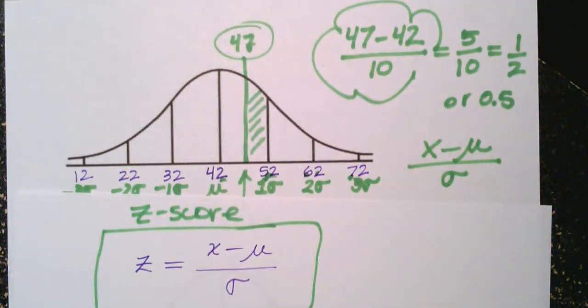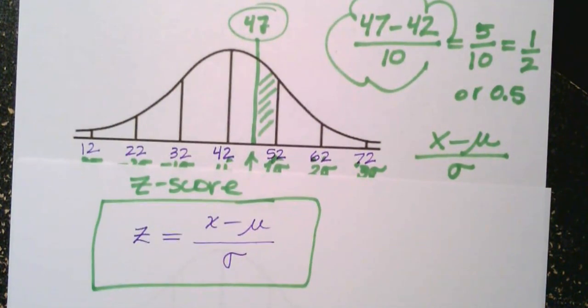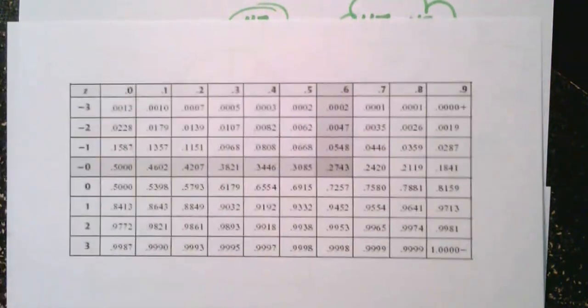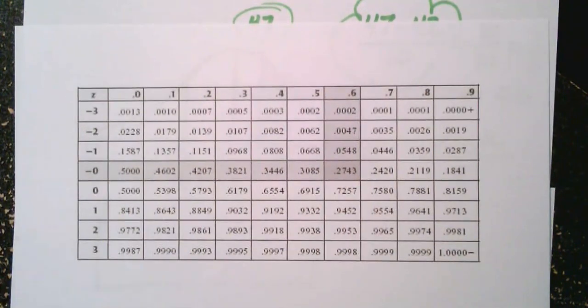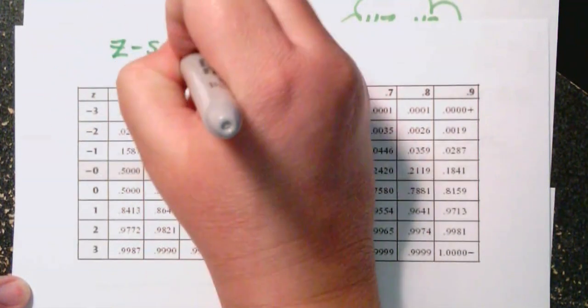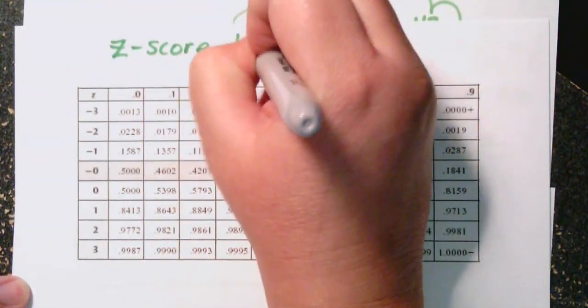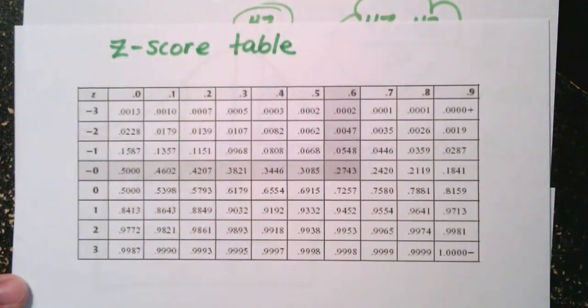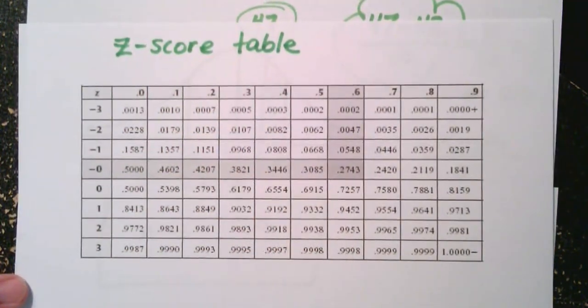Now, here's how that helps. We have a thing called a z-score table. The z-score table looks kind of scary. I'm telling you right now, it looks bizarre, or a little bit much. This is a z-score table. The z-score table is basically just a table of values for various z-scores. It tells you what is the percentage for that z-score.